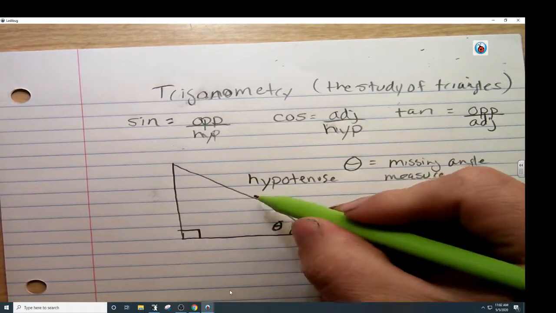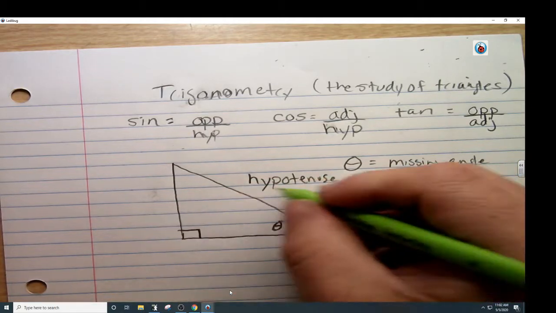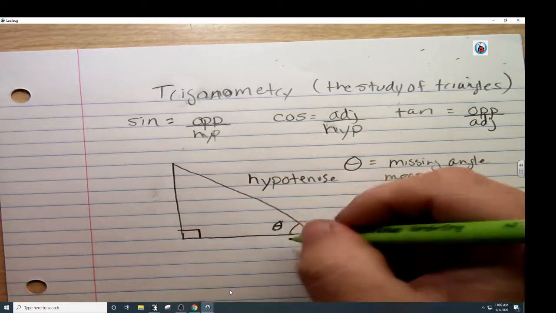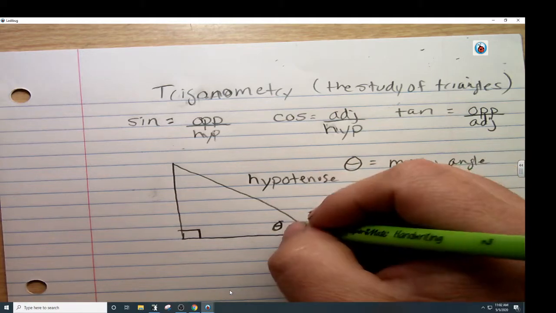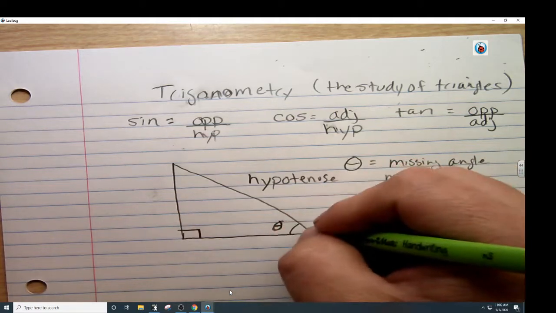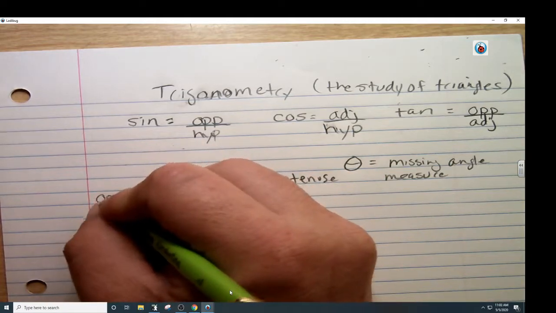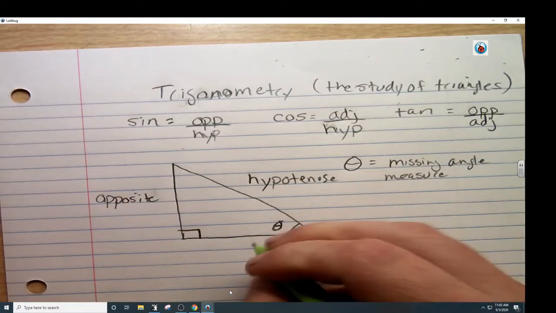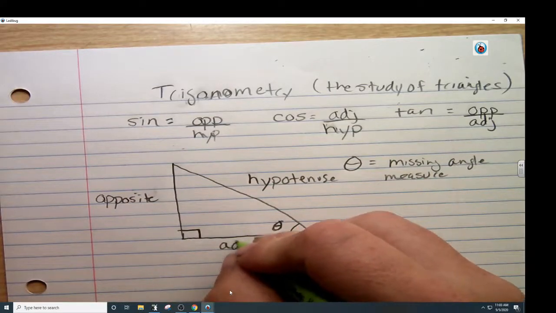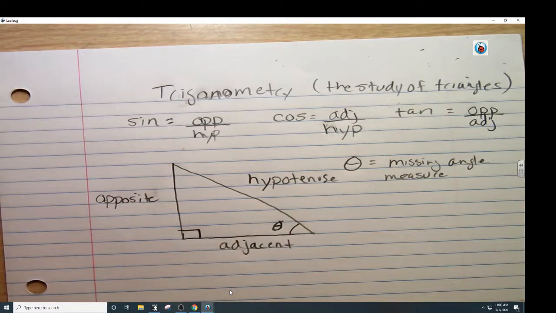The hypotenuse is going to be the hypotenuse regardless of where theta, the angle being used, is. But in this case, the side across from the angle will always be the opposite side. The side that touches the angle that is not the hypotenuse is the adjacent side. The main thing, guys, is knowing where your sides are.